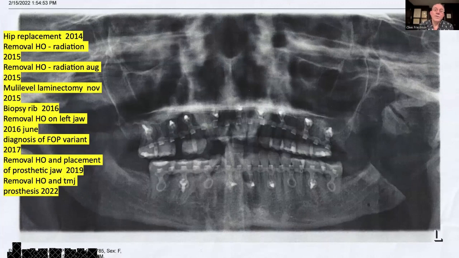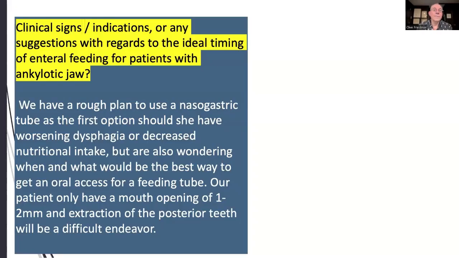And the surgeons thought, well, they knew better, and we can just remove the HO and it's not going to be a problem. So as a practitioner, I'm not an oral surgeon, I'm a pediatric dentist. It really does cause me a lot of angst when I see these issues.